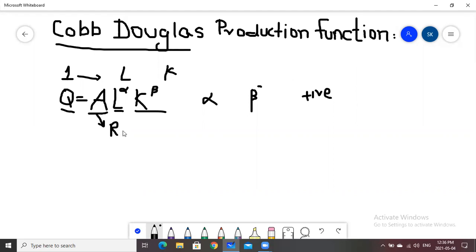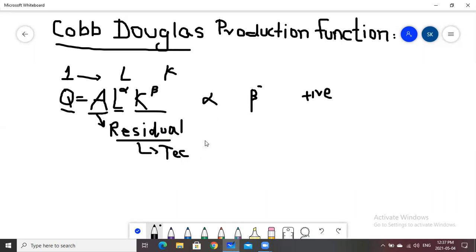It is known as the residual because it explains that part of the production process which cannot be explained by labor and capital, and this residual is known as technical change.